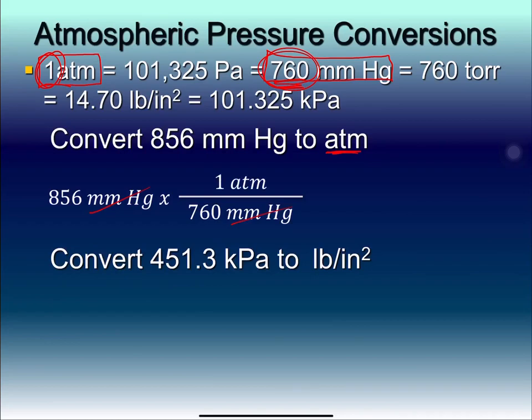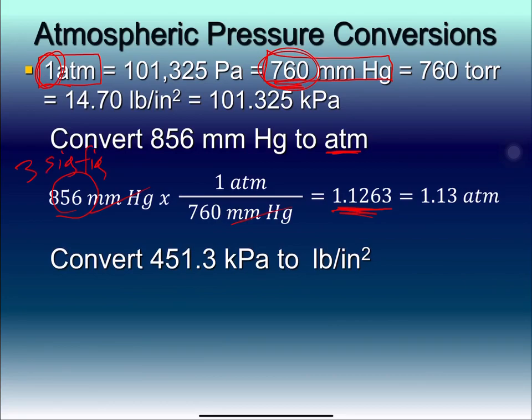Because that 760 is on the bottom of the fraction, you would do 856 divided by 760, and that will get you your answer. Your calculator is going to read out all of these decimals. This number here is 3 sig figs. So if I'm done, I need to round my answer to 3 sig figs, right? This would be my answer.